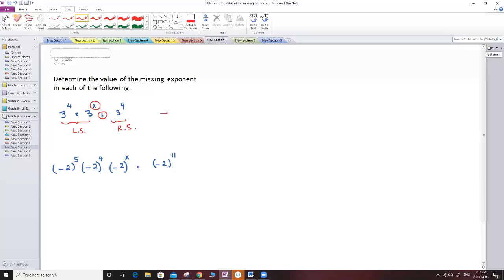That means I can say that 3 exponent 4 times 3 exponent x has to equal 3 exponent 4 plus x, because they have the same base, and I have the answer 3 to the power of 9. So if x is unknown, this way I can say that 4 plus 5 equals 9. That means my final answer x, or the exponent, is 5.